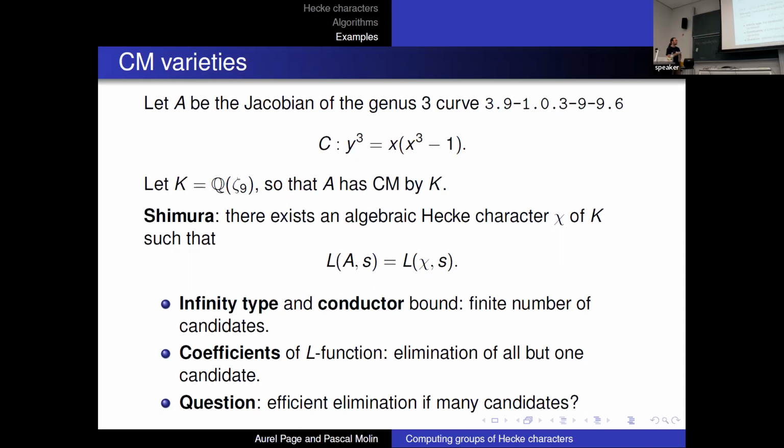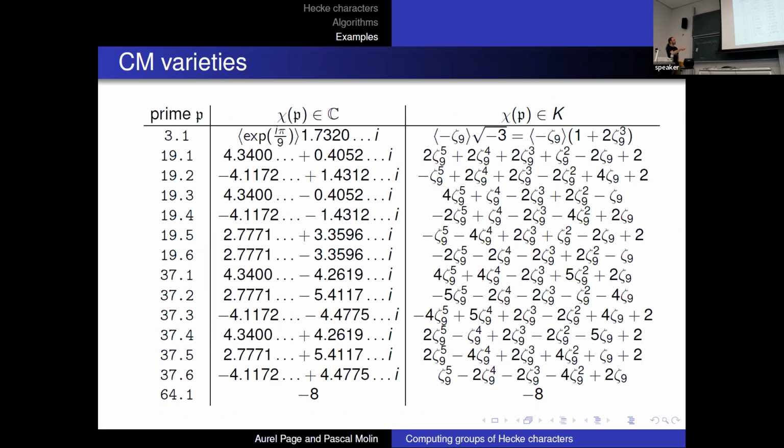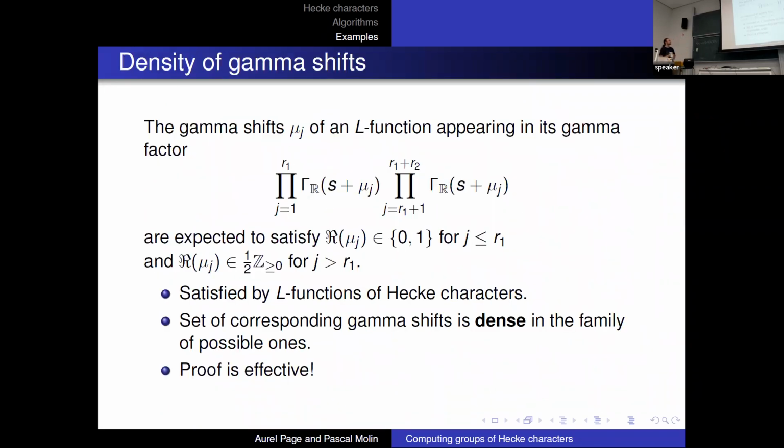The point being that typically from this equation, you get sums of values of the characters instead of just the value of the character at certain points. Okay, here are the values of the character that you get. I don't know too much what the values are.